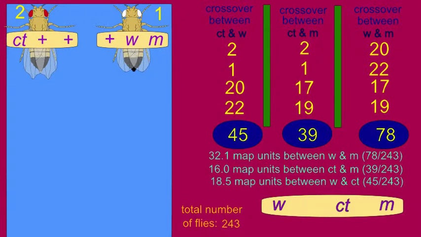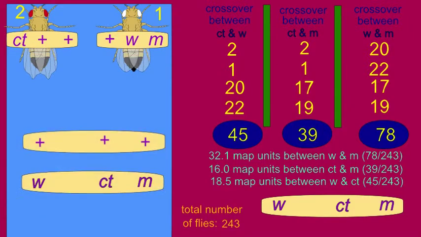We now know that cut is located between the other two genes, and when we had set up the crossover columns, we did not know that. For that reason, the two flies which were cut and the one fly which is white miniature, these three flies were not added to the crossover column between white and miniature.